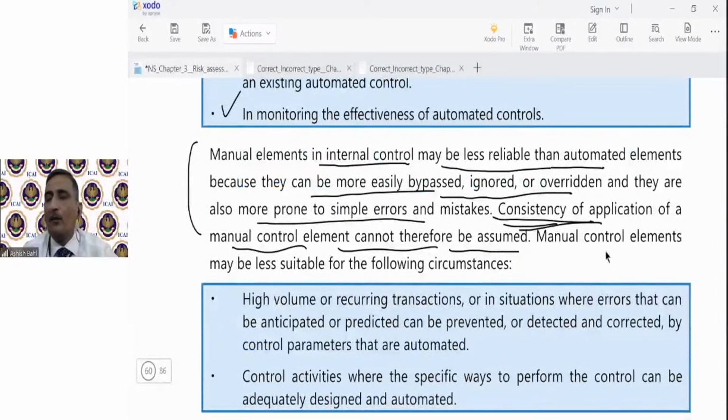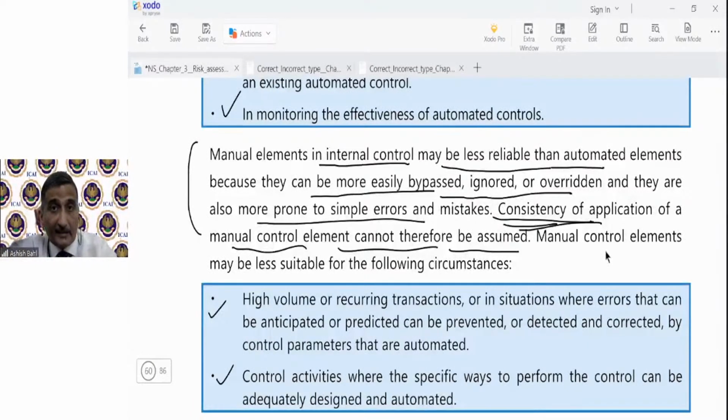Therefore, manual elements in internal control are not suitable for high volume or recurring transactions, or those control activities where the function can be automated.